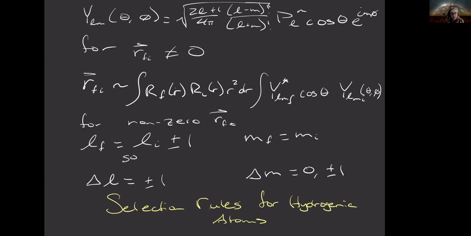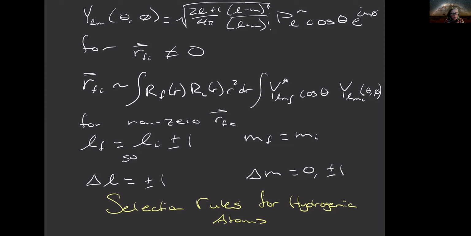I find it quite amazing that the selection rules for hydrogenic atoms fall out directly from quantum mechanical descriptions of the wave function for an atom, that these things break down in such a way that you can define what quantum numbers are allowed and produce allowed transitions very easily. From there, you can move back to our description of the various levels and states of atoms and consider which transitions would be allowed, which ones are not.